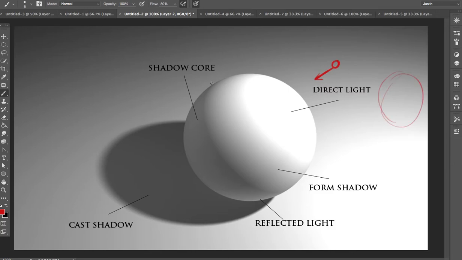But basically, as that light is coming down, at some point the light is going to go over the surface, right? And at this point here, at that shadow core, that's where light is no longer hitting onto the form. That's why the shadow core is important, because everything over here, light is hitting it directly. In some places, such as a highlight, it's hitting it most directly.